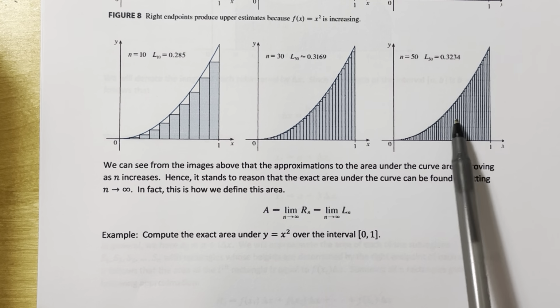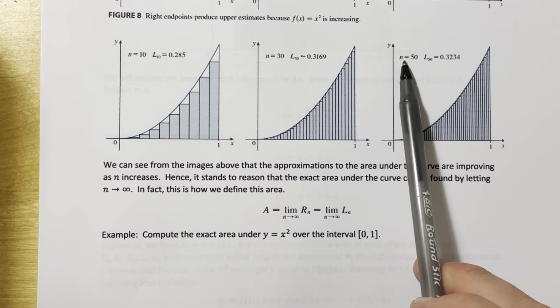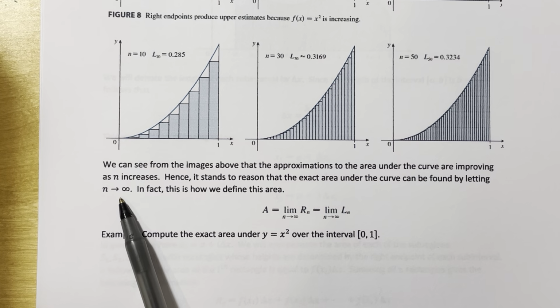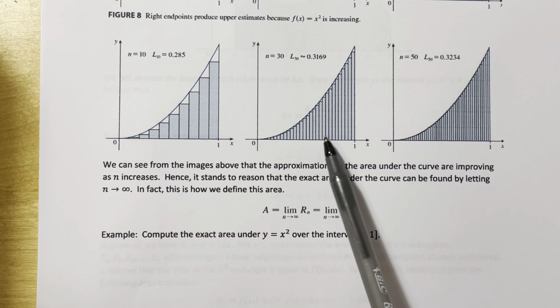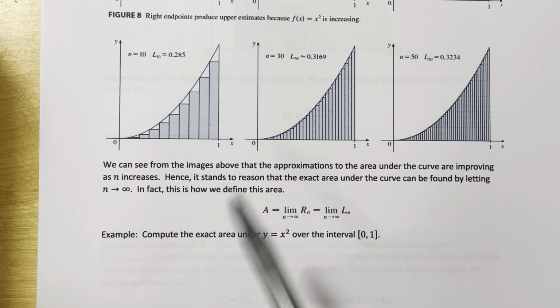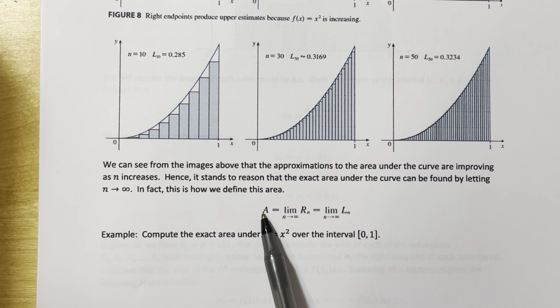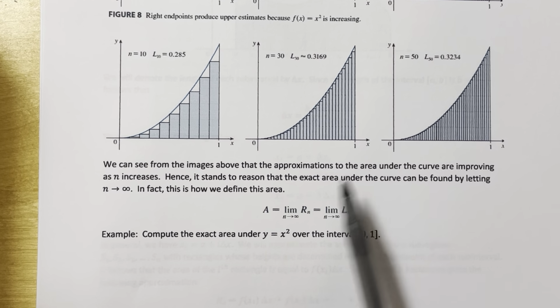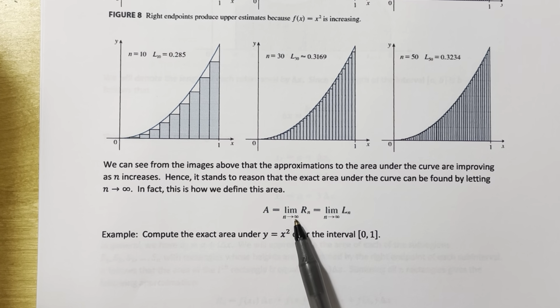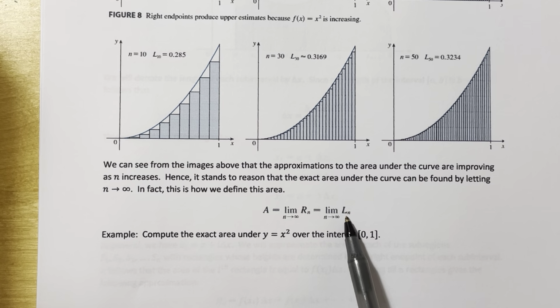If we take the number of rectangles, which we're denoting by n, and let n go to infinity, then the sum of the areas of these rectangles will go to the exact area of that region under the curve. And this is how we're going to denote that. A, the true area under the curve on the interval 0, 1, is equal to the limit as n goes to infinity of Rn, and that's also equal to the limit as n goes to infinity of Ln.